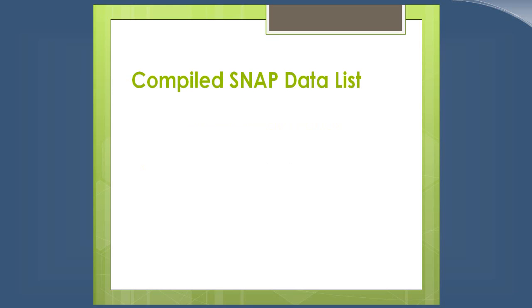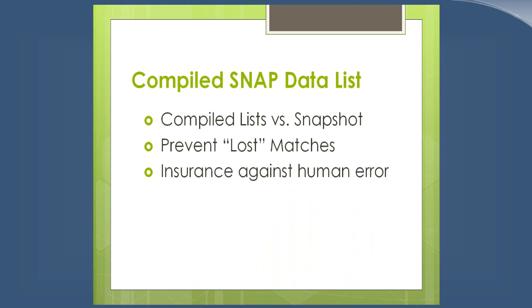A compiled SNAP data list. What you want to think about is capturing a list of individuals or students who are on SNAP during that year for benefits. What we have found is that for those SNAP agencies which provide snapshots in time for matching, if you're matching on that list and your LEA is not accessing that list at that time, you have a possibility that you're losing matches.